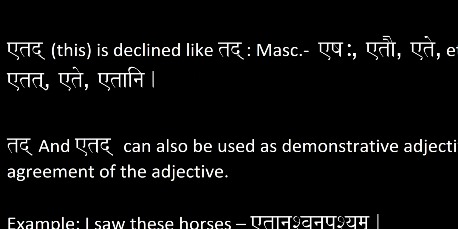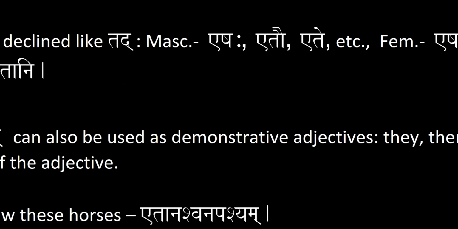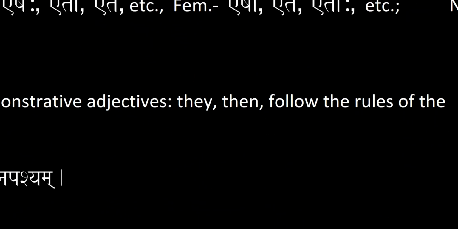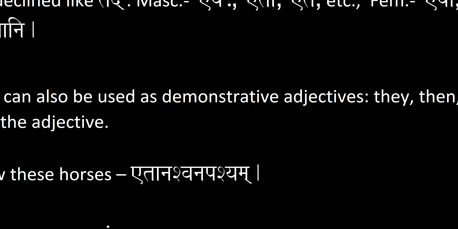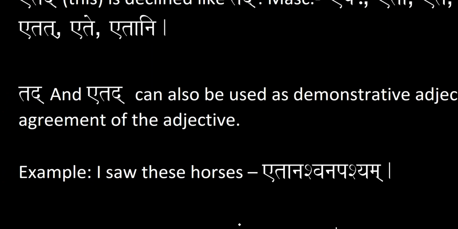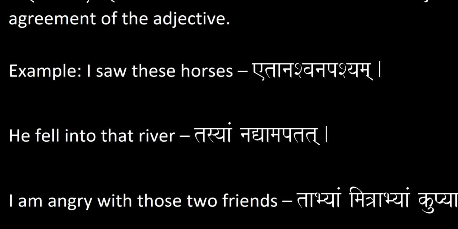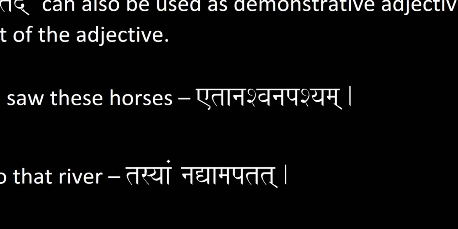Tad and etad can also be used as demonstrative adjectives. And what are demonstrative adjectives? They are words such as "this" and "that," and they are going to follow the rules of the agreement of the adjective. So for example, "I saw these horses."